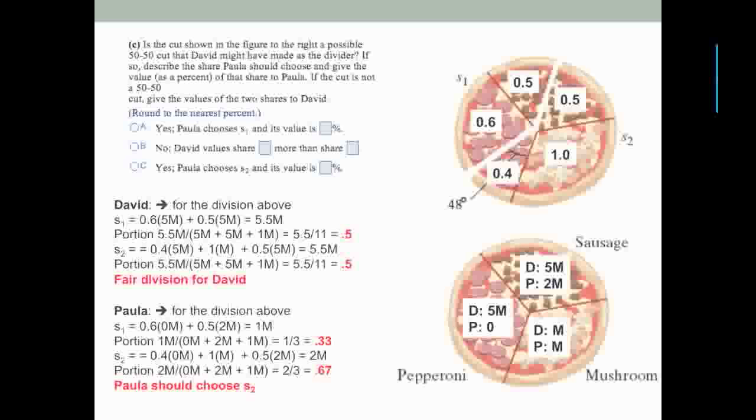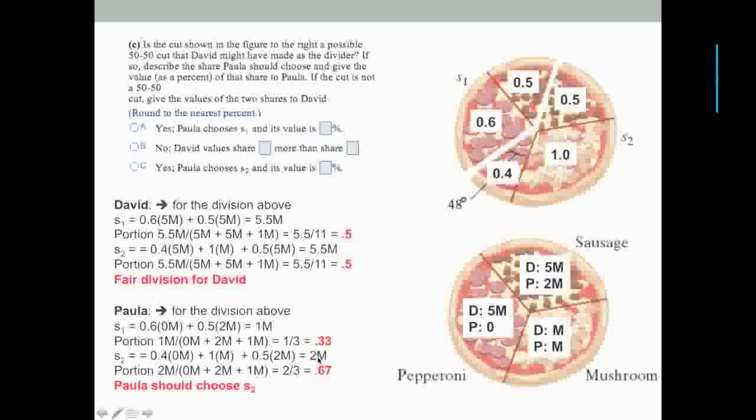So we move on to Paula. For Paula, S1, we have 0.6 times 0 plus 0.5 times 2m. That gives us 1m divided by her total valuation of 3 equals 33%. For S2, we have 0.4 times 0 plus 1 times m plus 0.5 times 2m.